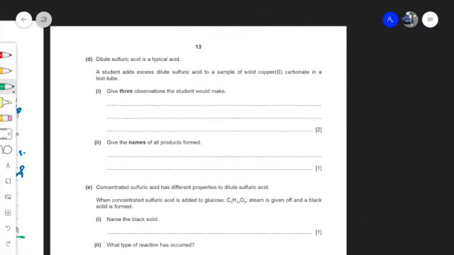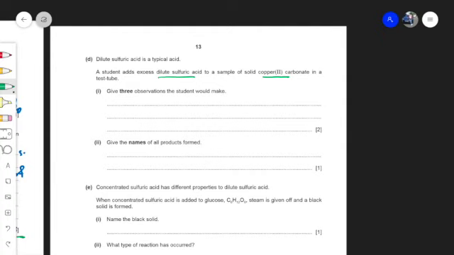Dilute sulfuric acid is a typical acid. So obviously you should know that it behaves as an acid. Okay, so a student adds excess dilute sulfuric acid to a sample of copper 2 carbonate. Give 3 observations that are going to be made.